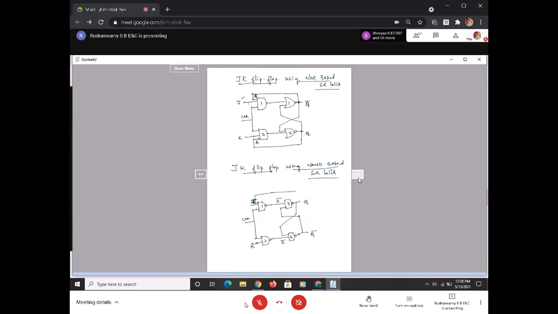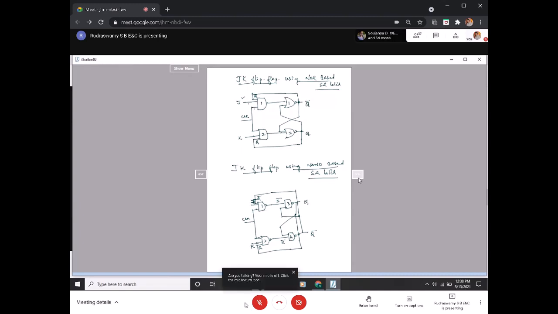That's what we saw in the above figure, right? It is Q bar. And for this, it is Q. Whichever gate is associated with K will have Q. Whichever gate is associated with J will have Q bar. That is the other common thing that you should understand. Okay, this is what we have.